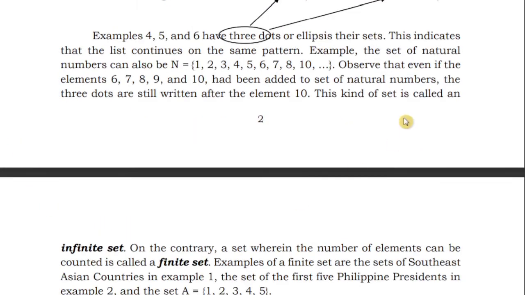Okay, so we are now talking about the infinite set and the finite set.